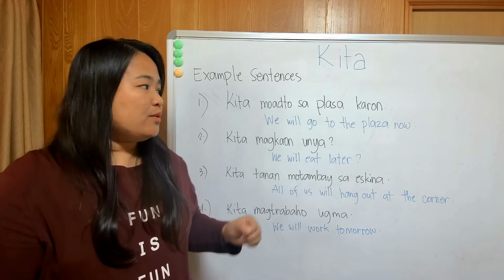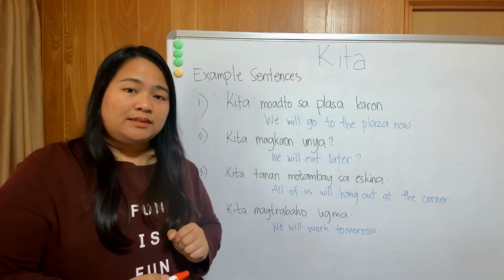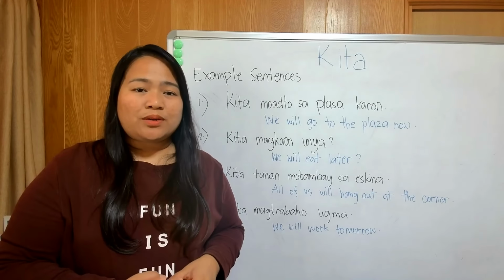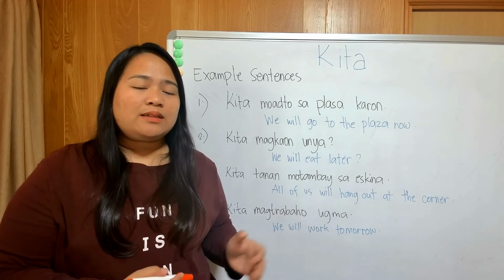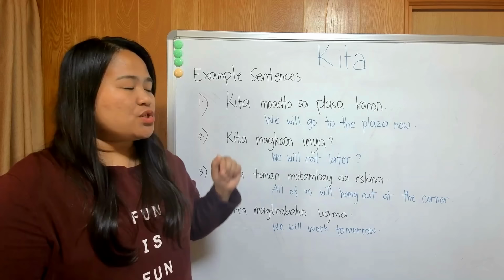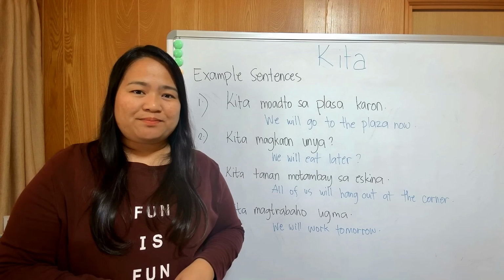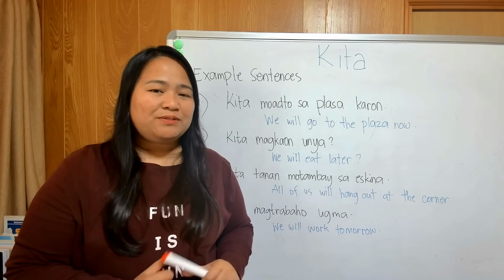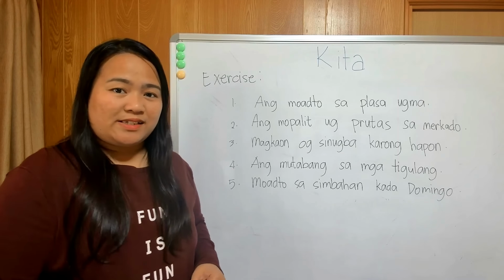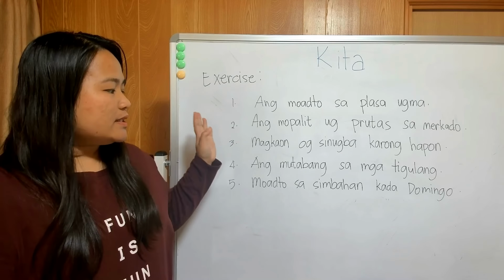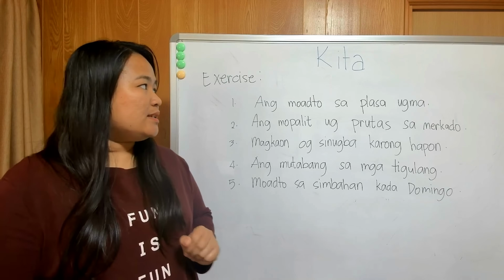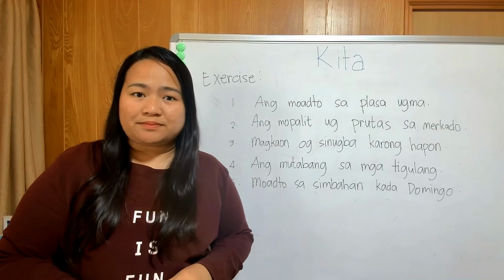For the breakdown of each sentence, please refer to our page. You can see there the meaning of each word and the part of speech of each word. Okay, now let's have an exercise. Each of the sentences is missing the pronoun kita.